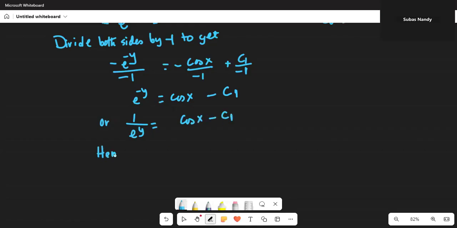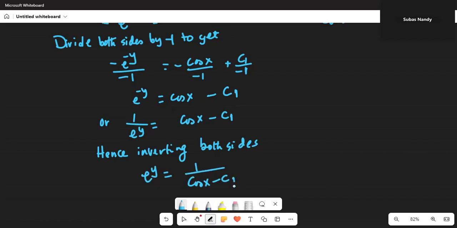Hence, inverting both sides, e to the power of y is equal to 1 over cosine x minus C1. Now, we can let minus C1 equal to C, another integration constant.